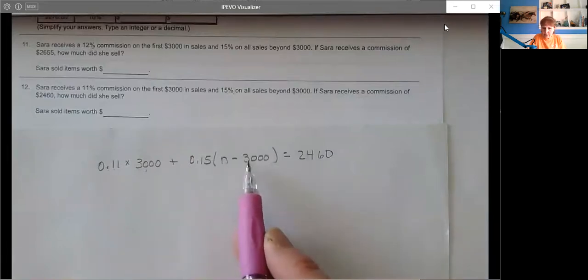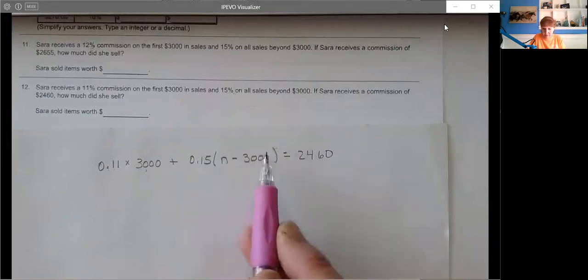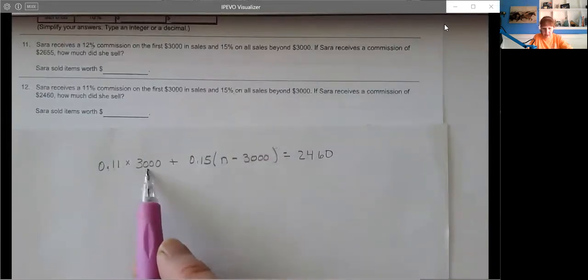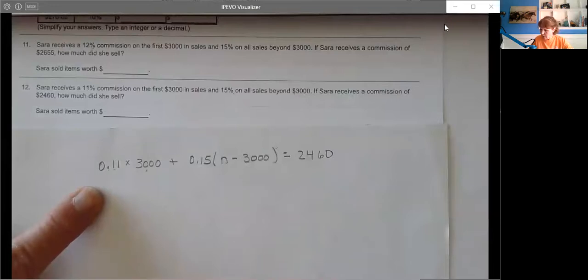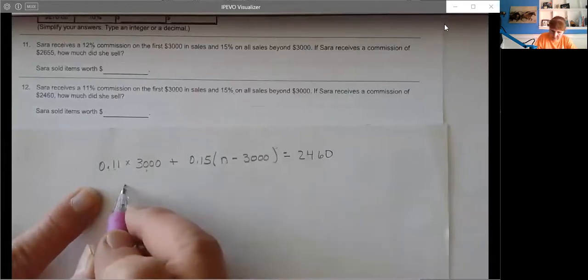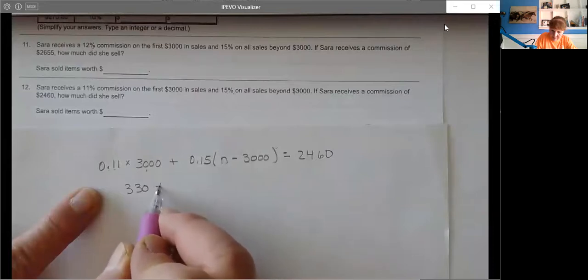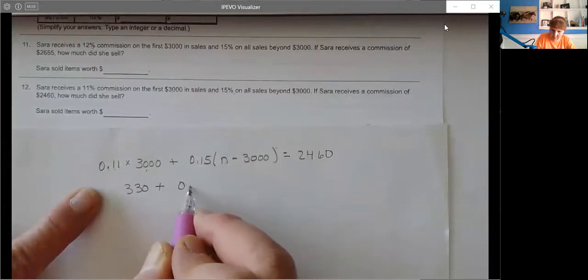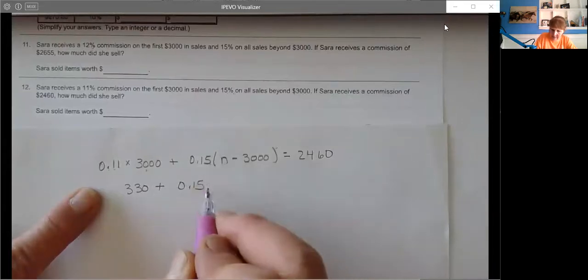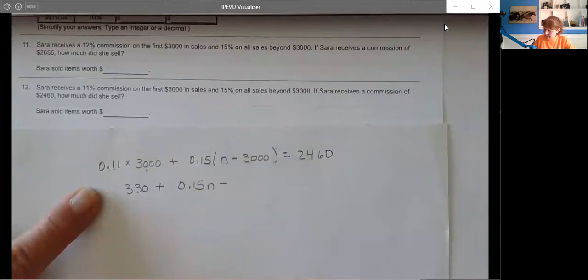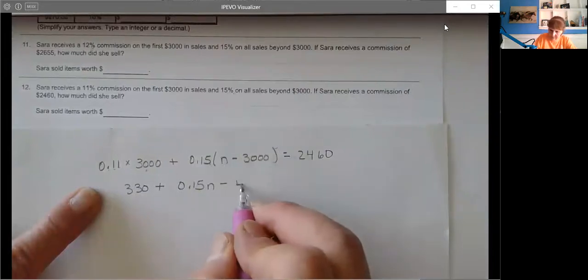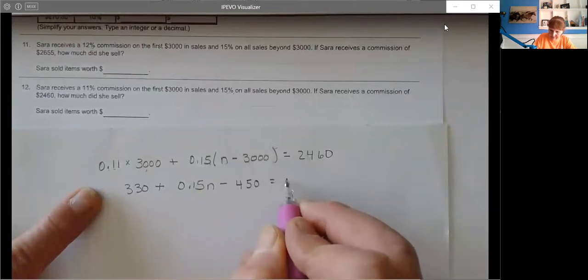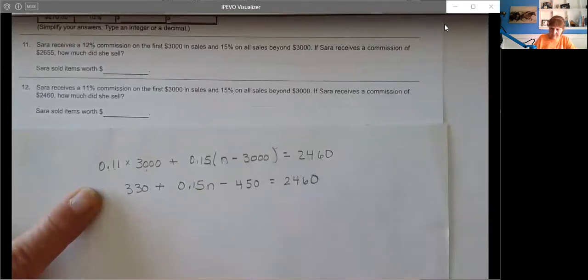You cannot do anything because these are not like terms. There are no exponents on anything, so we're going to multiply. We'll take our 0.11 times 3,000, and that gives us 330 plus 0.15 times n, and then 3,000 times 0.15 is 450. Oh, deja vu. All right.